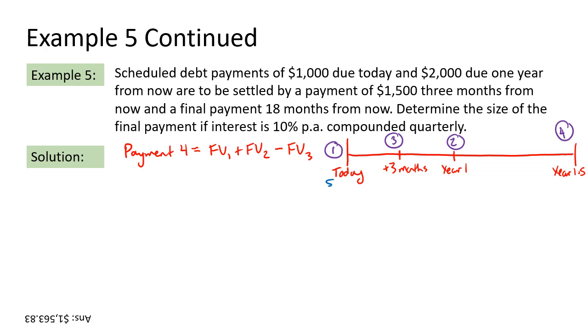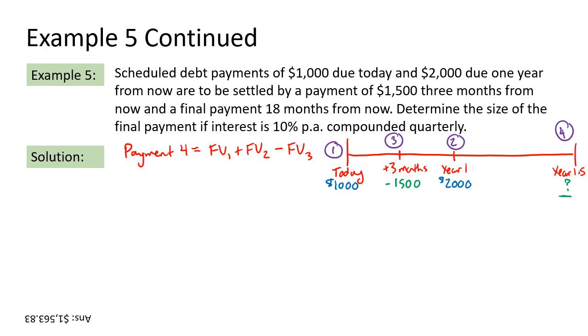The values for each: the first payment was $1,000 and the second payment was $2,000. What you've actually paid off was $1,500 here, and you're trying to figure out what your last payment is. This is just everything that I've done from the previous slide.